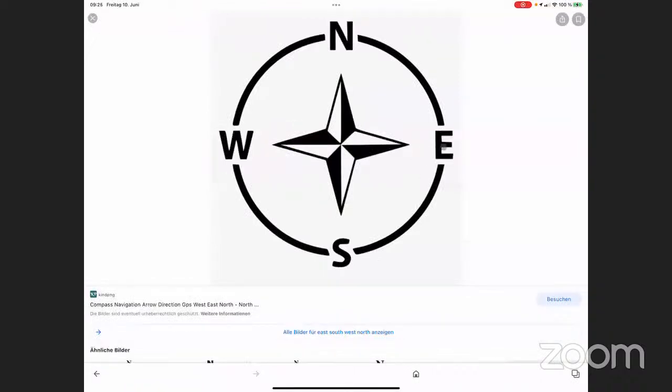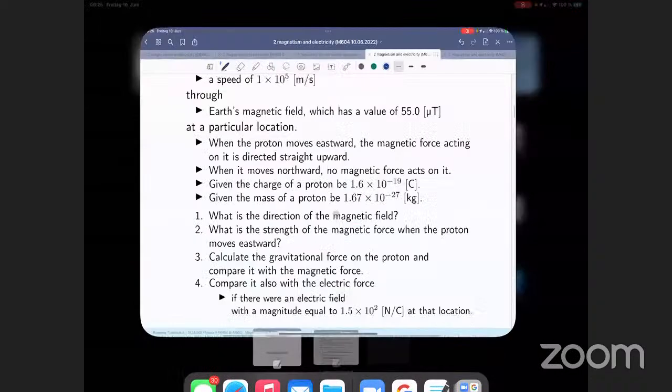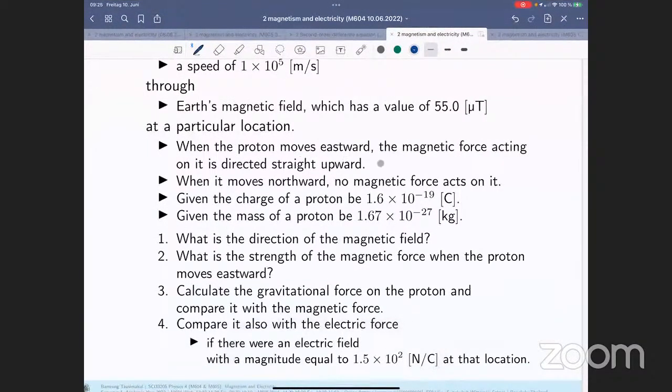East is on the right hand side, west on the left hand side, not in the upward direction, right? South is in the downward direction. The proton is moving eastward, and the magnetic force acting on it is directed straight upward.